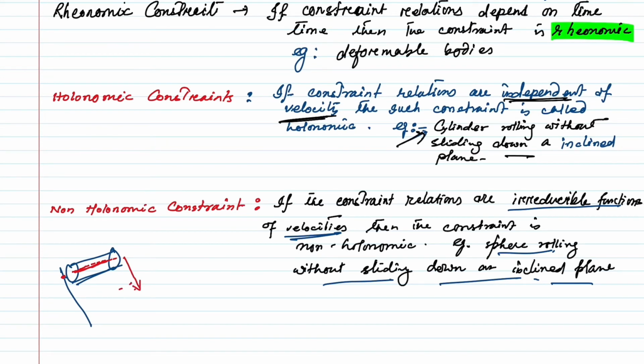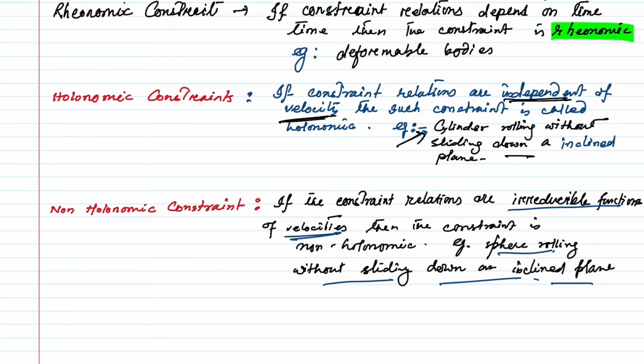At this position, this is the axis, so this is R, and the angle of rotation is theta, suppose. Let me draw it clearly.